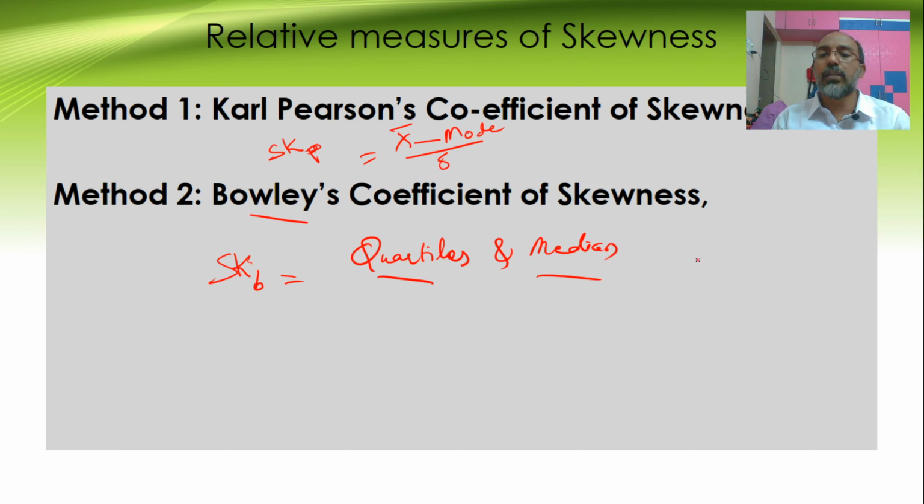We know that these are called positional averages, as we learned in the central tendency chapter. There are two quartiles, the first quartile and the third quartile, and the median is nothing other than the second quartile. We are dealing with that today.